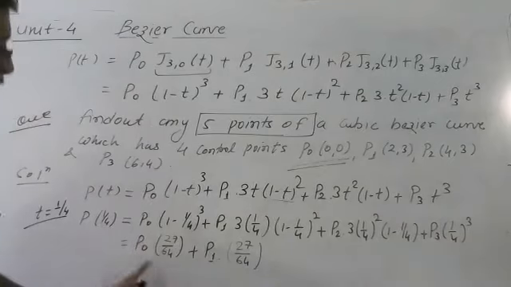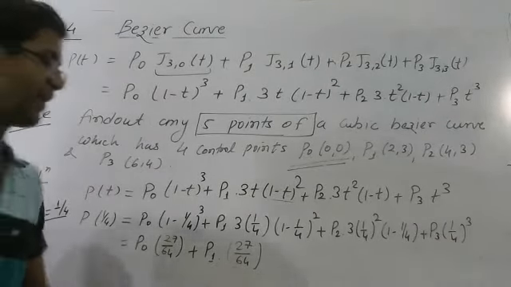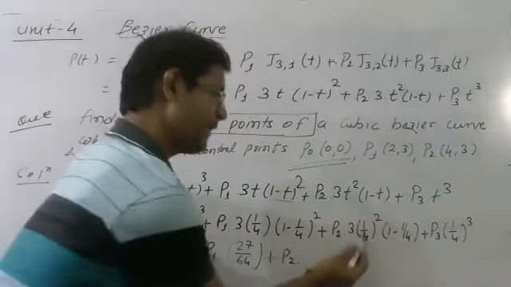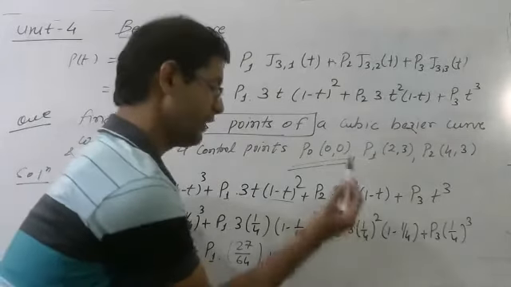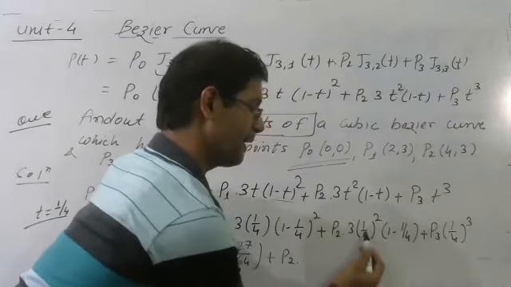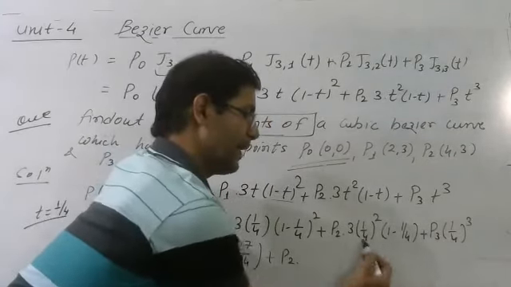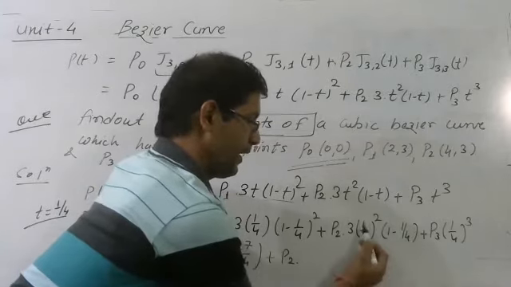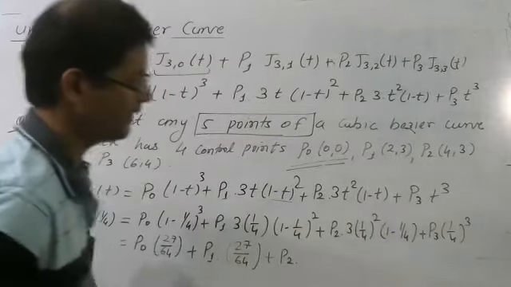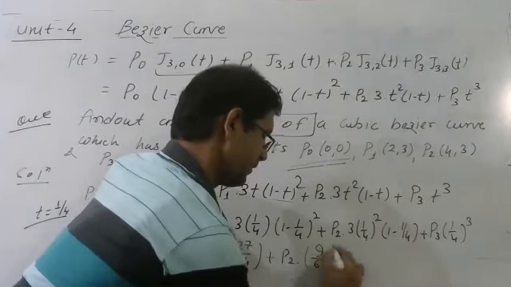Okay. So P0 multiplied by 27 by 64, plus P1 multiplied by 27 by 64, plus P2: 1 by 4 squared is 1 by 16, and this is 3 by 4. So 3 by 4 multiplied by 1 by 16 gives 3 by 64, and this 3 will be multiplied by 3, so we get 9 by 64.